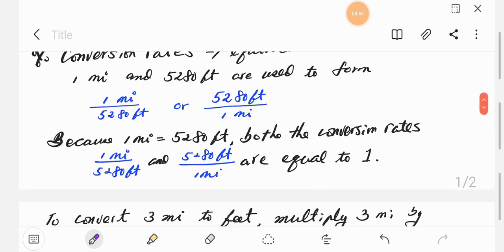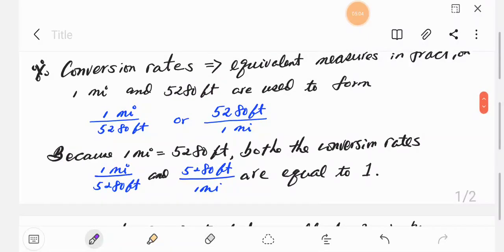Let's compare 1 mile and 5280 feet. 1 mile is equal to 5280 feet, and since they are equal, you can write it as a fraction: 1 mile over 5280 feet, or you can switch it to 5280 feet over 1 mile.